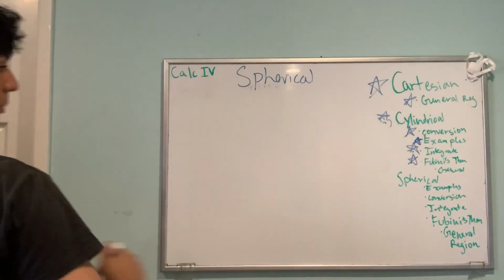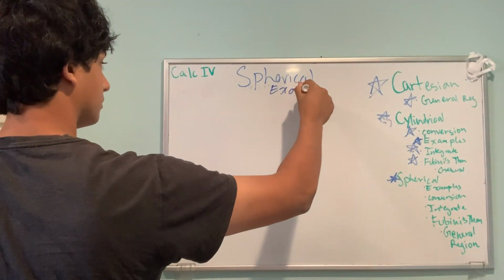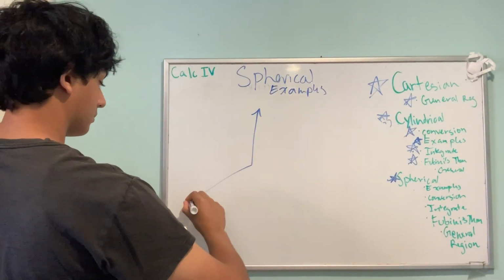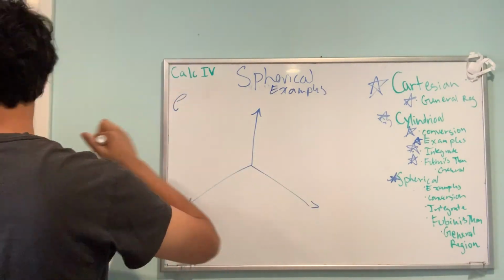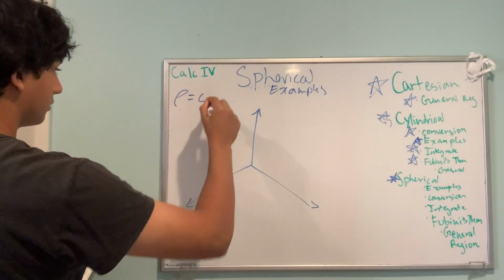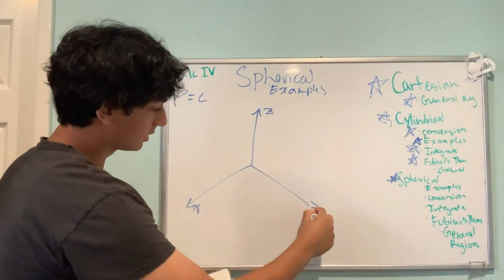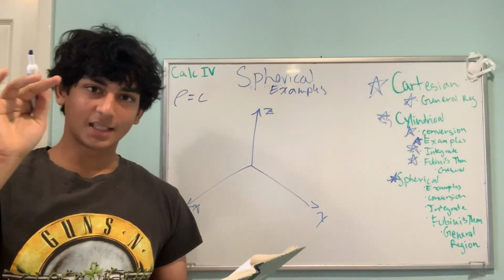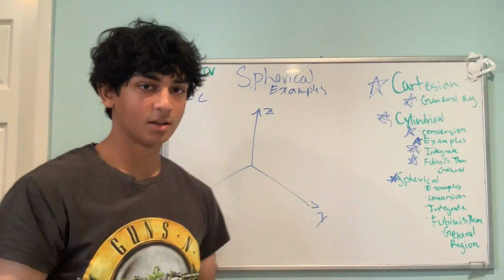Now for some simple shapes. At some constant rho value, that basically means that our distance on every point of our set is exactly some distance away from the origin in three-dimensional space.